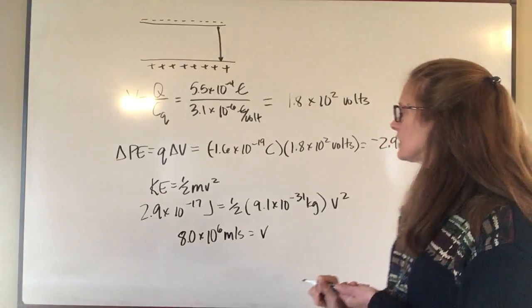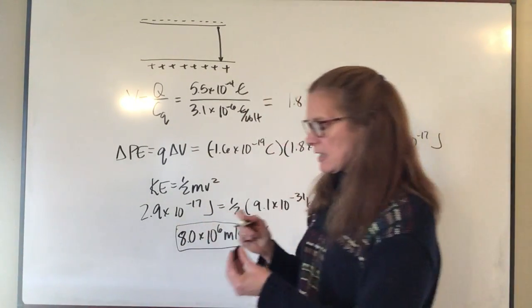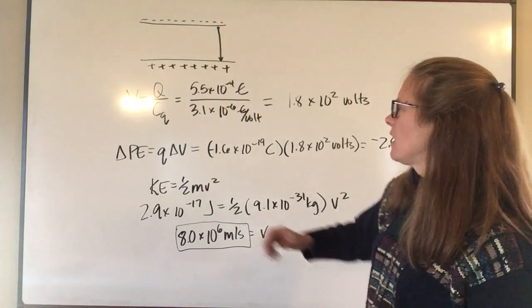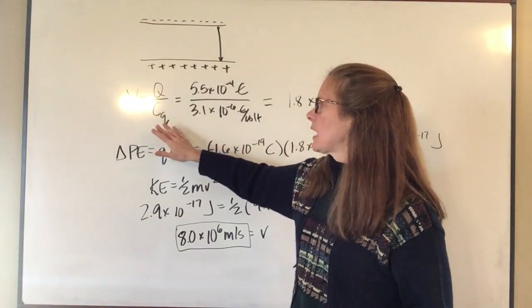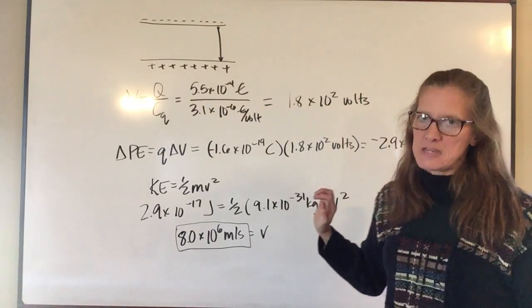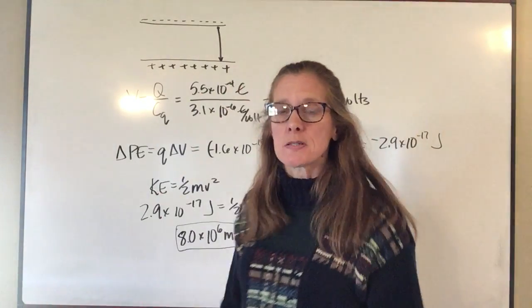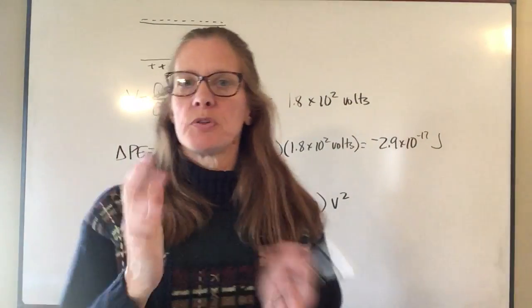So really the only thing new in this particular type of problem is that in order to calculate the V, you've got to take into account the information about the specific capacitor in order to calculate that V. Okay, and the potential difference is the potential difference between the plates, and that's where the particles are moving between, is between the two plates.